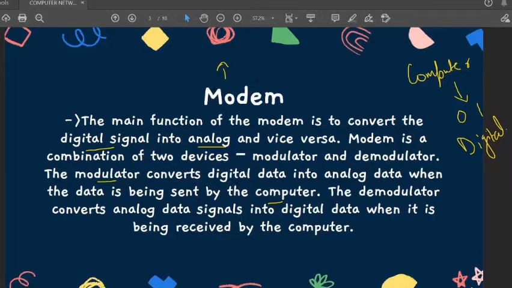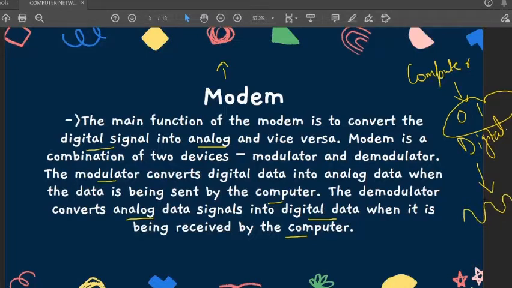The work of the demodulator is converting analog data signals into digital data signals when it is being received by the computer. So first, in the modulation part, we were converting digital, which is what the computer knows, into an analog type of signal.